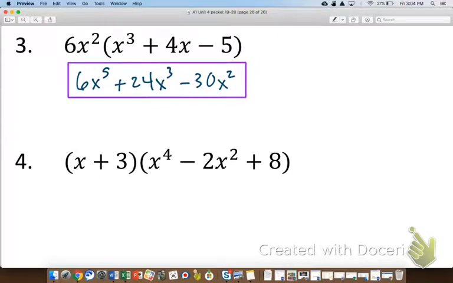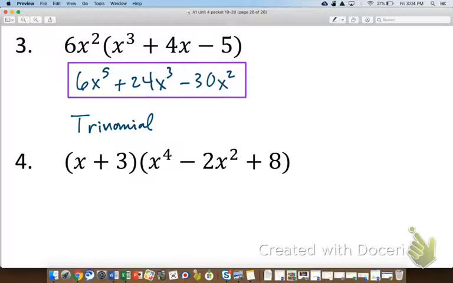Oliver, how many terms are in that final answer? 3 terms. So as far as a special name goes, what would we call this one? Trinomial. Okay. So this is a trinomial. Caroline, what's the degree of this trinomial? I don't know.